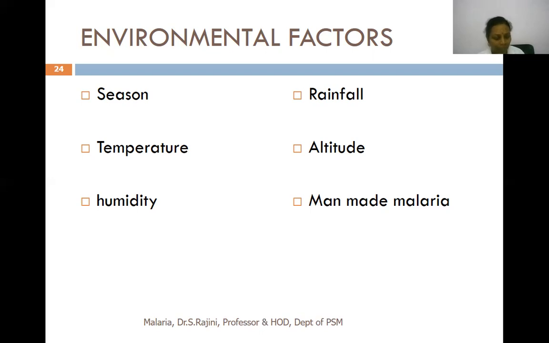Coming to the humidity, 50% humidity is necessary for the mosquitoes to live and to have a normal lifespan. Humidity is necessary for these mosquitoes. Rainfall, in general, provides breeding places for the mosquitoes.